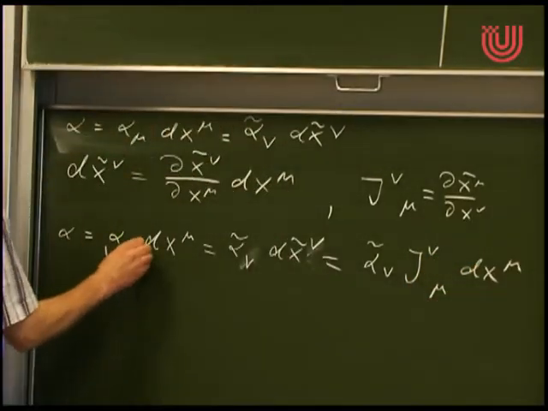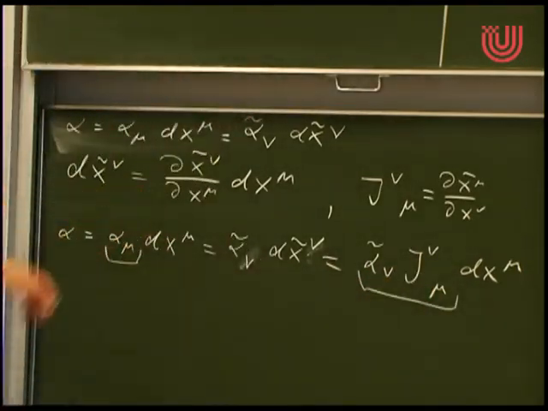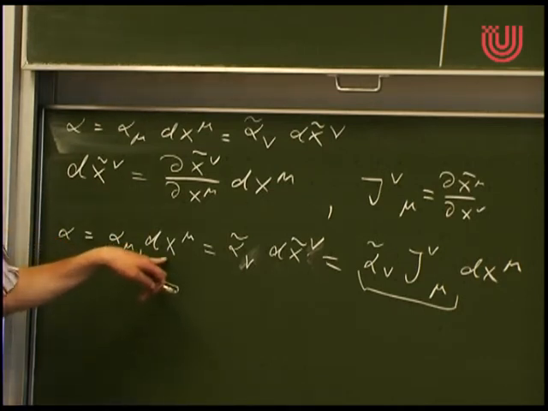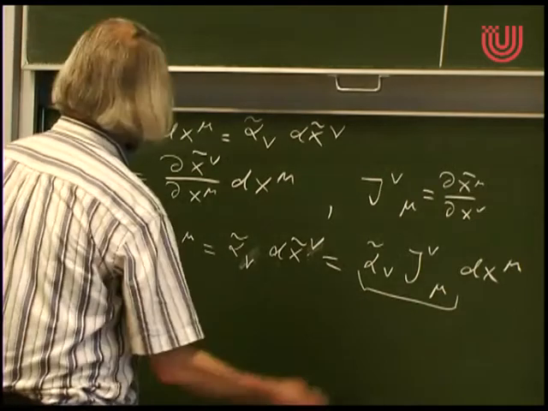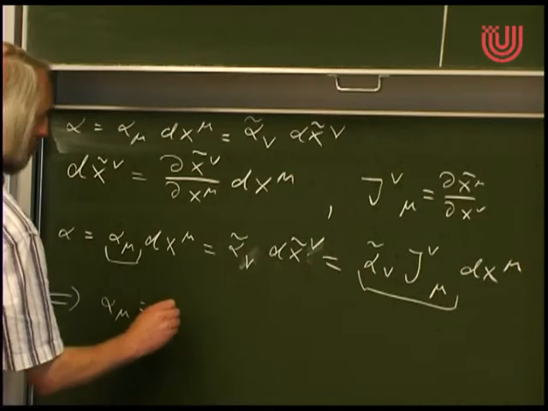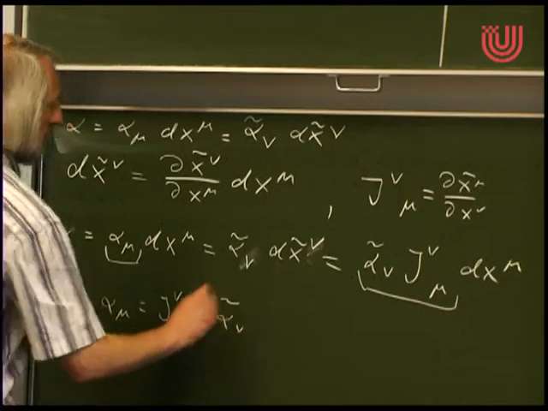Now I can compare coefficients. This is a basis, so if I represent an object of my vector space in a basis, then the coefficients are unique. This must be the same as this. So I get that alpha mu must be the Jacobi matrix times alpha mu tilde.